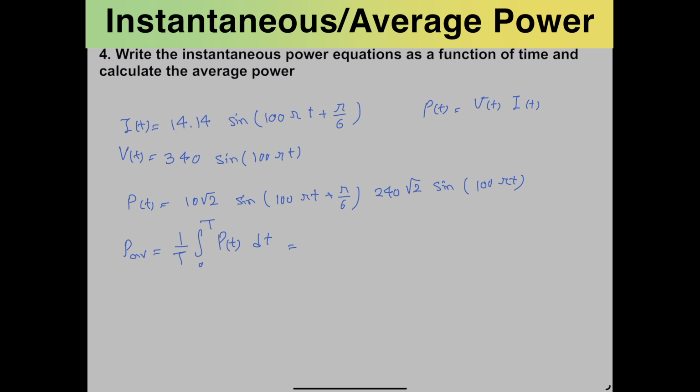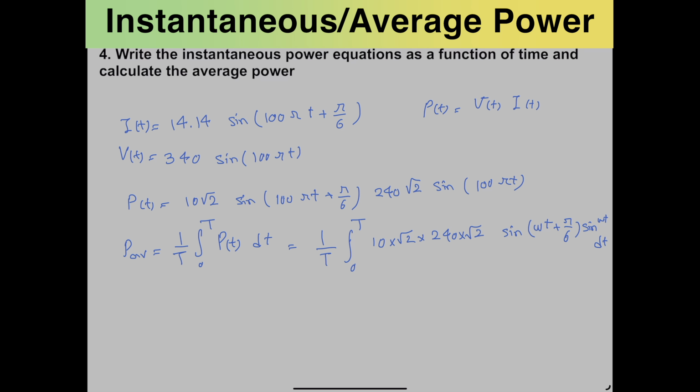In order to do that, we just need to consider the 1 over T, which is the period, times this multiplication, which is going to be 10 times square root of 2 times 240 times square root of 2, and then we'll have sine of, I'm going to write it simply as omega t plus pi over 6 and times sine of omega t. So this is going to be calculated in terms of the integration from 0 to T.